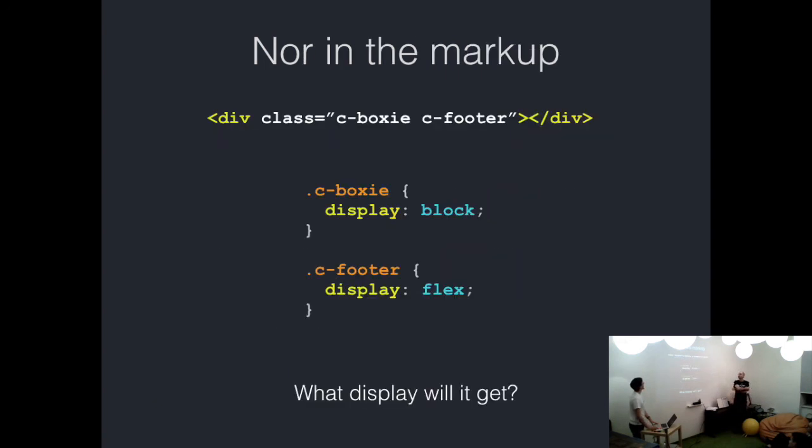And also, it's not a good thing in the markup because we are sticking to BEM, and we're treating components as blocks, like separate entities. So right now here, what we are doing is mixing components, because we have this boxy, which has a couple of styles, and we have footer, and we want to override this boxy with footer to have this display flex.